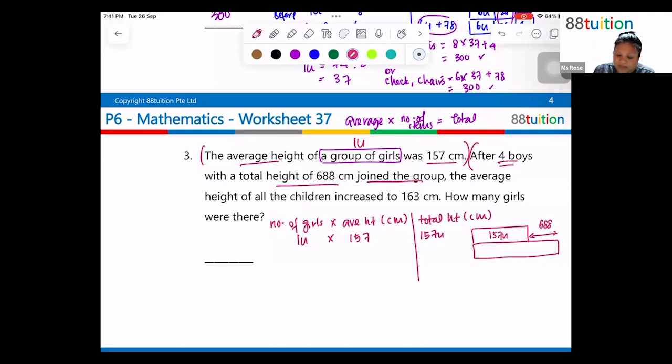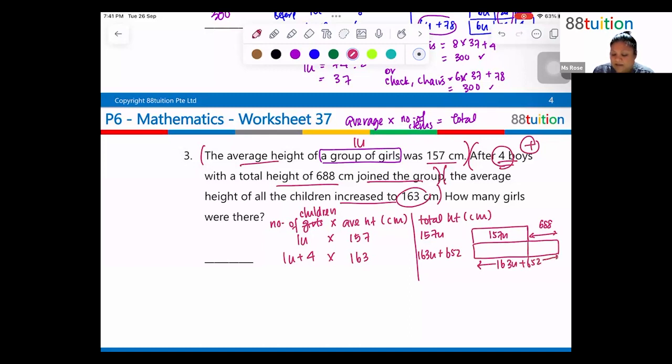So for that, the average increased to 163. That means instead of girls, children, okay? So the number of children, 1 unit plus 4 boys, because 4 boys were added, times the average, which is 163, will give me 163 units plus 652.